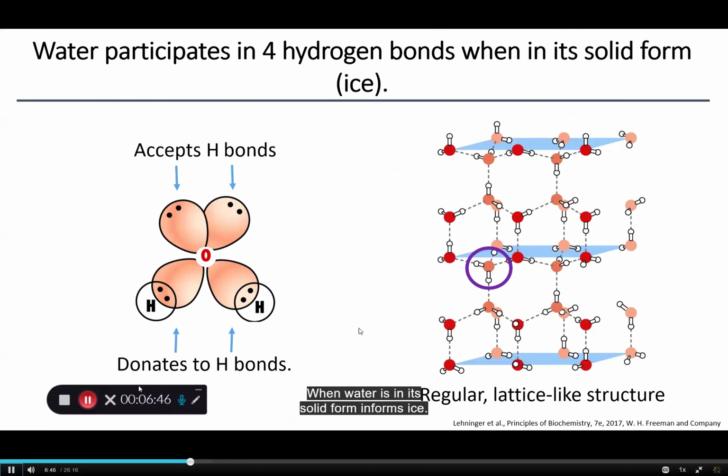When water is in its solid form and forms ice, water molecules are not moving around as much. The simple movement of water molecules in liquid is enough energy to break those hydrogen bonds, just that slight movement of molecules. But when we drop the temperature and water becomes a solid, the molecules aren't moving around as much, and therefore the hydrogen bonds stay formed for longer periods of time.